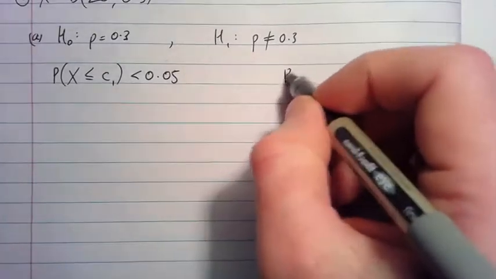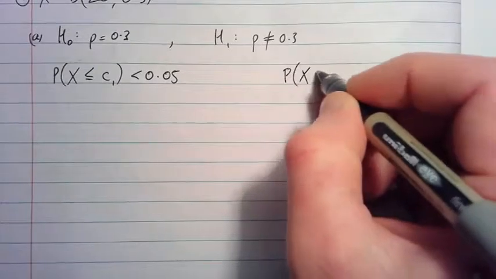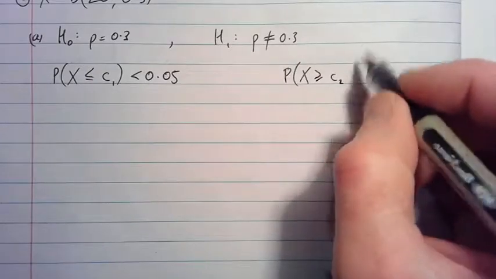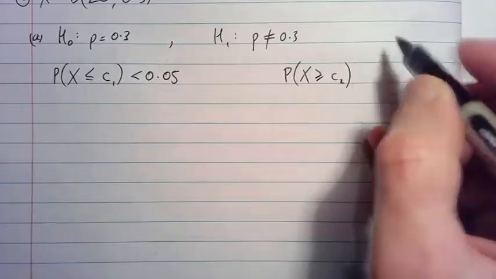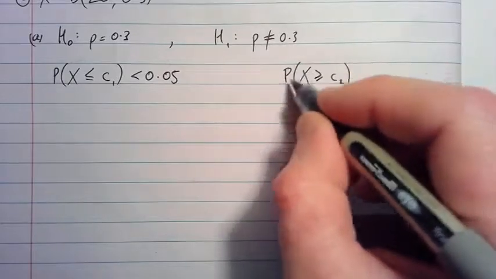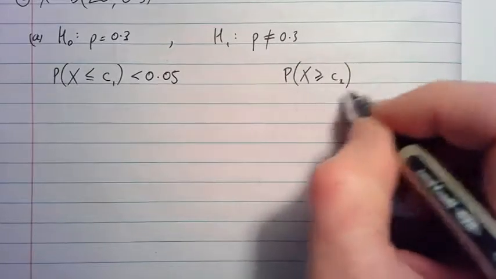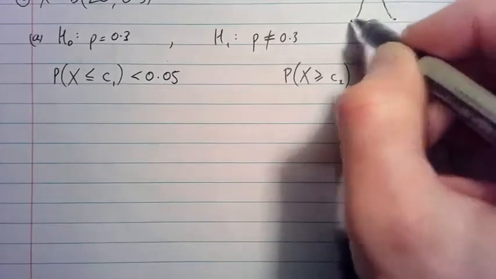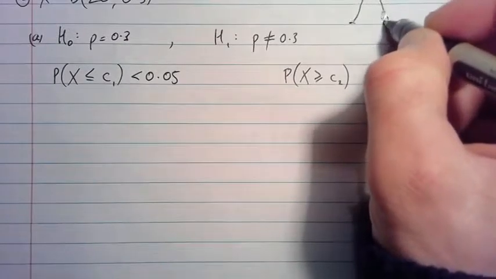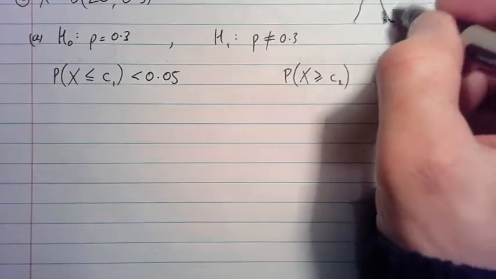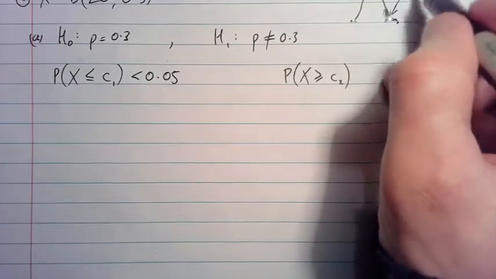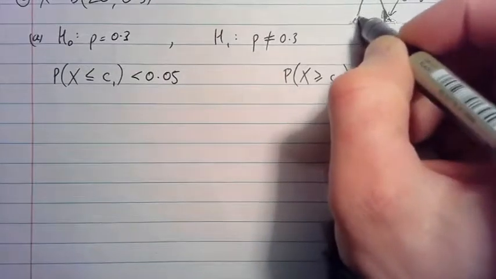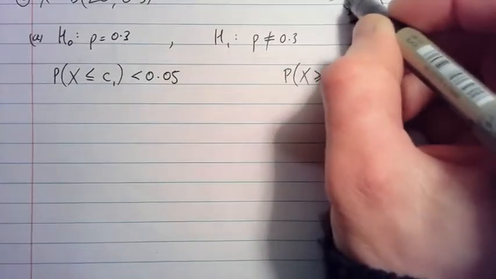Now at the upper end, we've got a similar kind of thing, but we're looking at a greater than scenario, with critical value this time being C2. To form a critical region at the upper end of our distribution, something like that, the probability has got to be less than 0.05, and similarly at the lower end it's got to be less than 0.05.